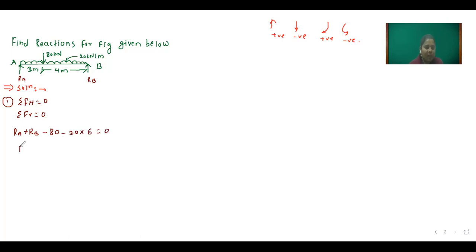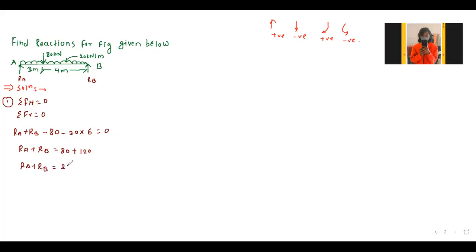So RA plus RB equals, shifting 80 and 20 into 6 to the right side, 80 plus 120, which is 200 kilonewton. This is our equation 1.